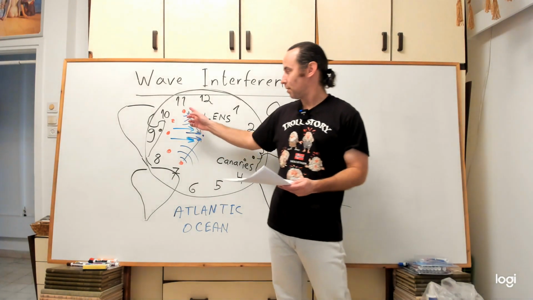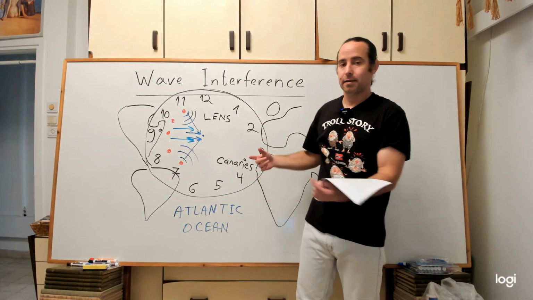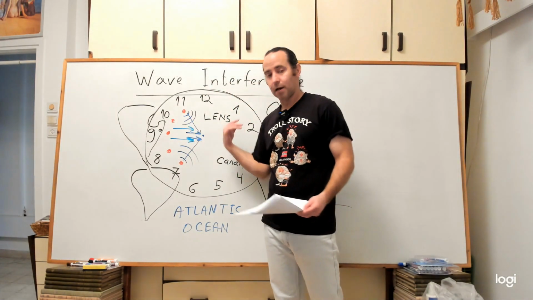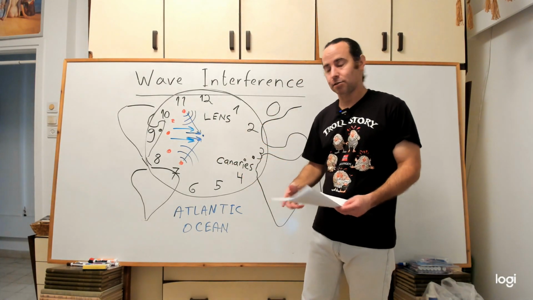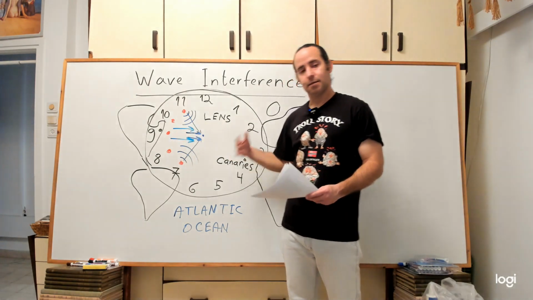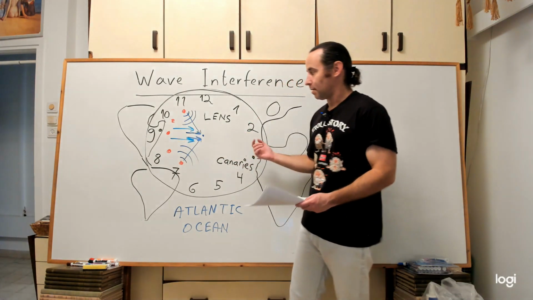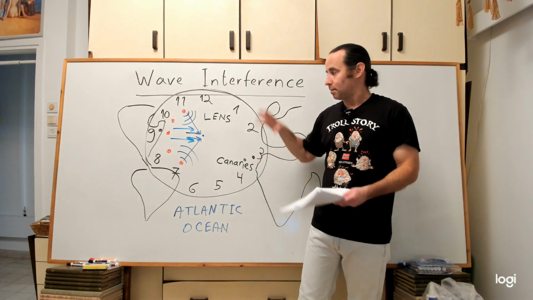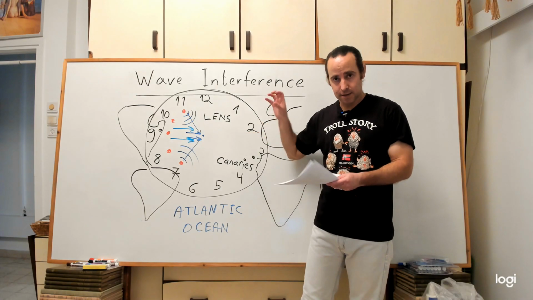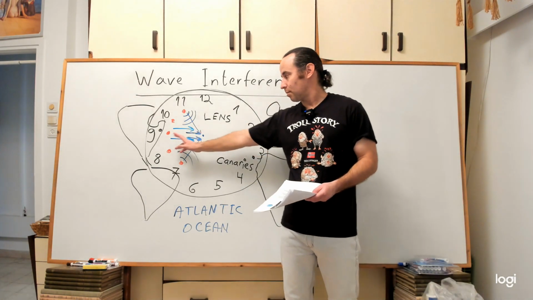I showed you that these components cancel, and the components that are to the right don't cancel. On the contrary, they reinforce each other. So this is constructive interference. If we put the bombs in the correct places and calculate the timing beforehand, then we can make a constructive interference to the right.